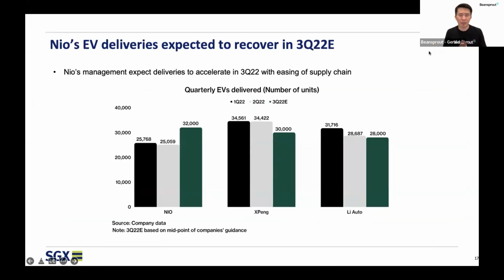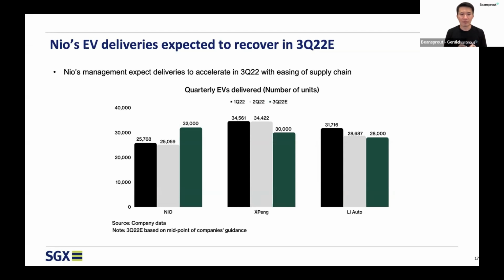So we talked about the new model launches in the upcoming months. What the companies have done is to share some guidance towards what they expect to deliver in the third quarter of this year.